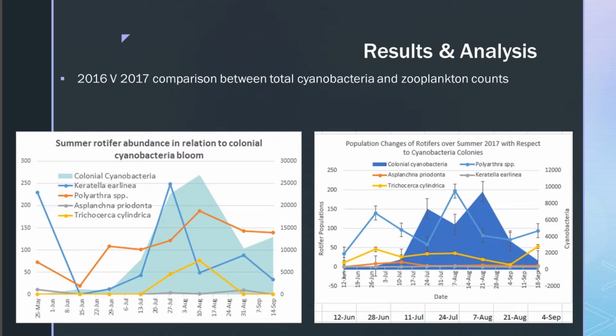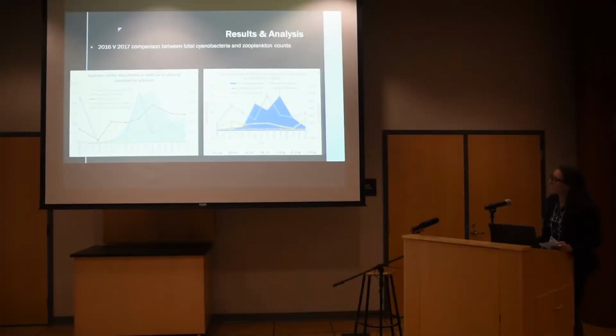Now there's a lot of speculation as to why that could be, as well as why Polyarthra this year are all over the place, and last year they weren't, or they weren't as much right here. So I'll get into the reasons and the reasoning for why that is, but just to take in the entire variability, not only of the zooplankton, but also the cyanobacteria.